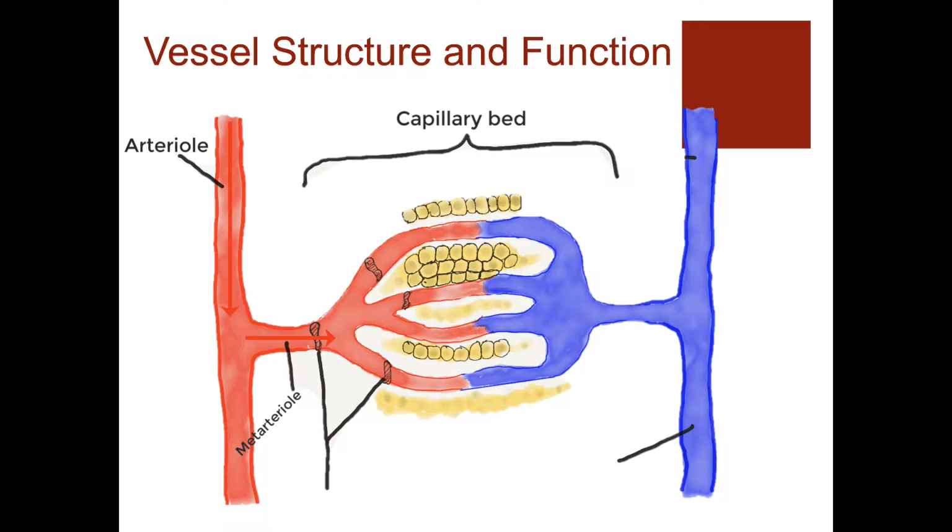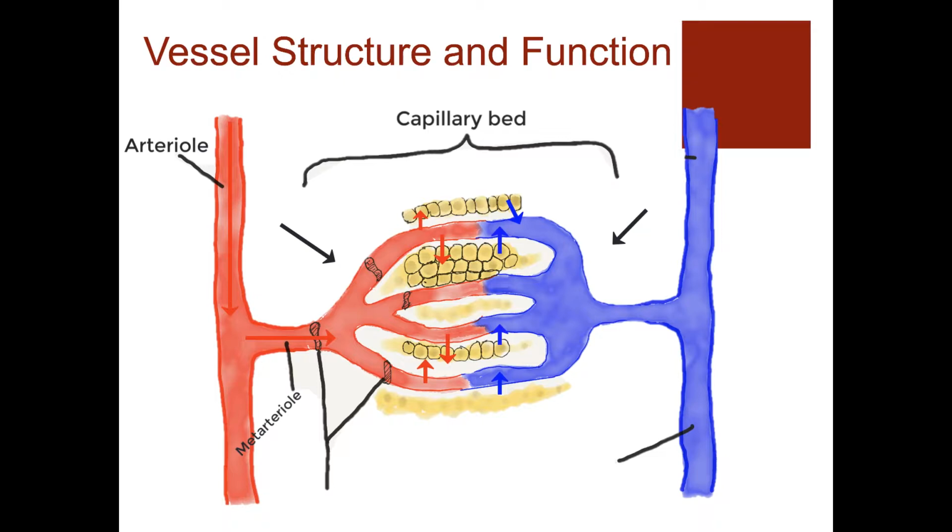Recall, in capillaries only, we will have the exchange of oxygen and CO2 occurring between cells and tissues. So on the oxygen-rich side of the capillary bed, oxygen and other nutrients are going to be unloaded into cells and tissues, while on the oxygen-poor side of the capillary bed, CO2 and other waste products are going to be brought into the capillaries.